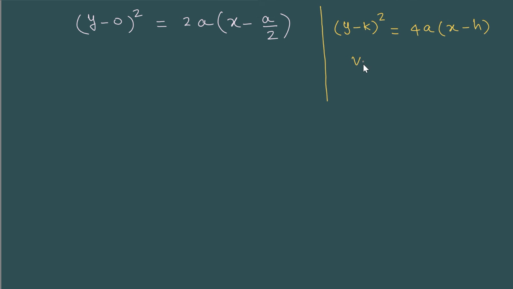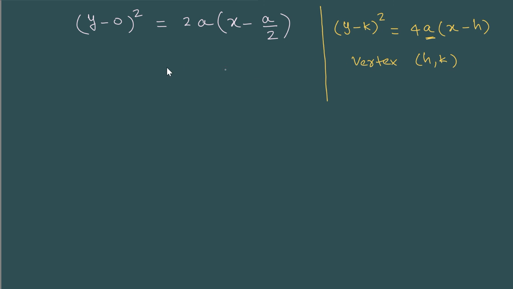Here the vertex is at h comma k, and the distance of the focus from the vertex is still a. So we can shift the origin and plot this at the new vertex.